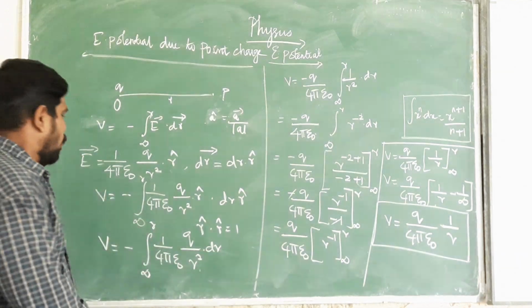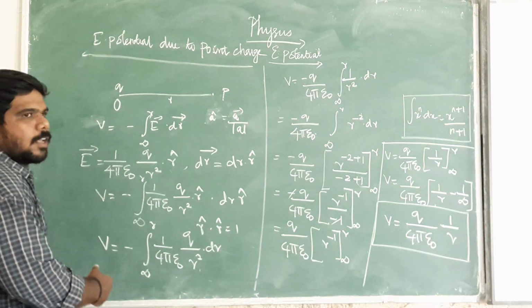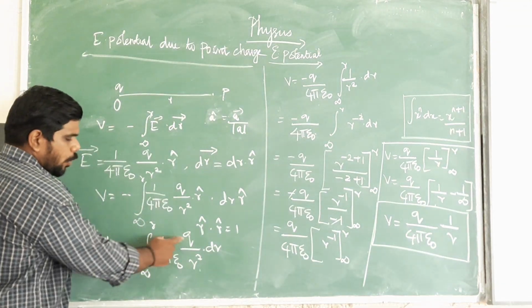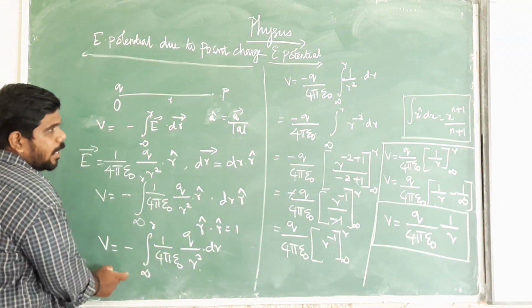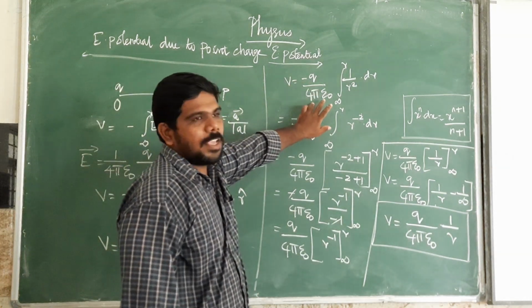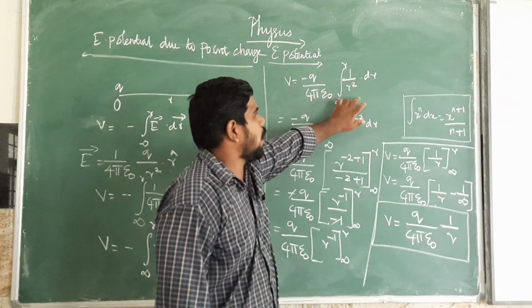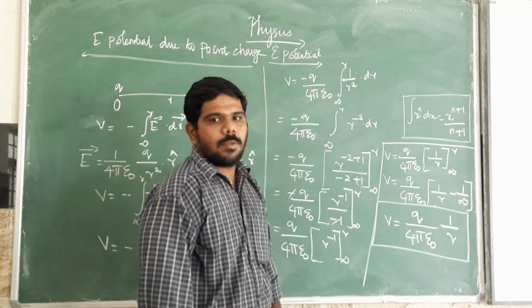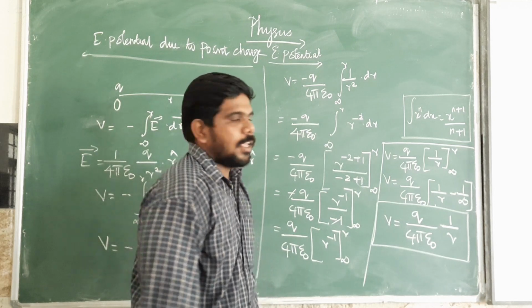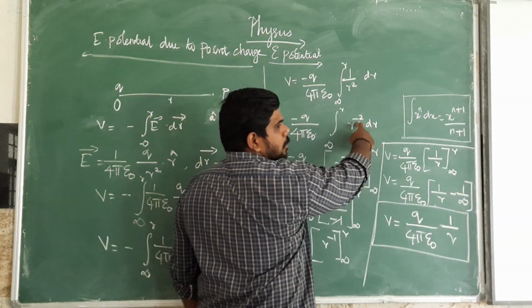Now we are taking the constants outside. So 1 into q by 4 pi epsilon 0 we take outside. So what we get? V is equal to minus q by 4 pi epsilon 0 into integral from infinity to r of 1 by r square into dr. If the denominator term moves to the numerator, the power will be represented by minus.